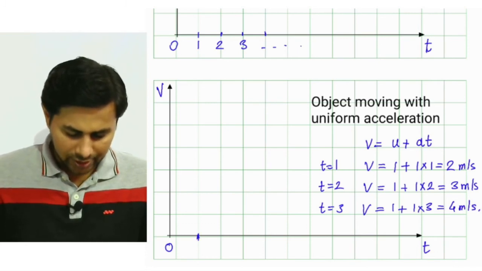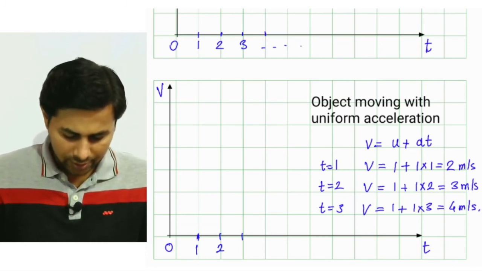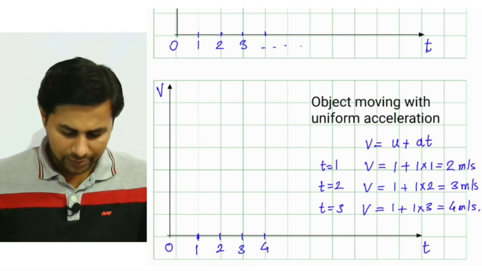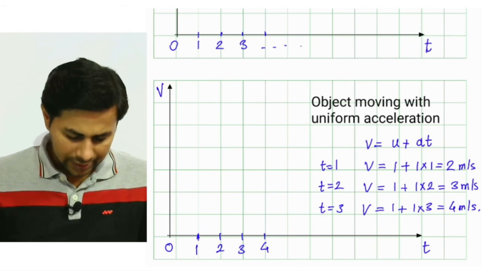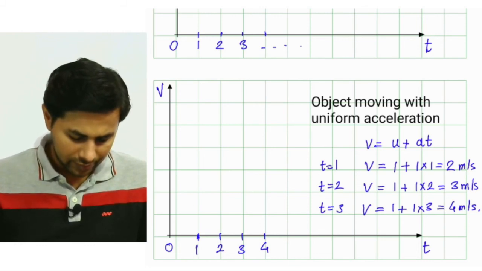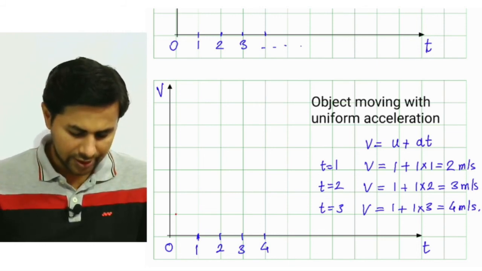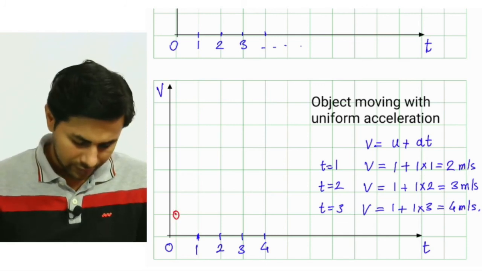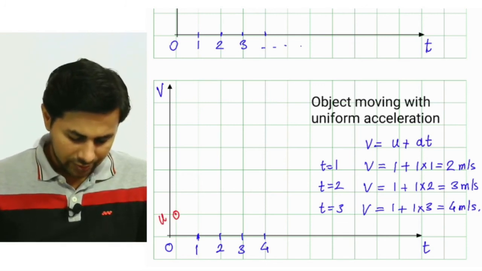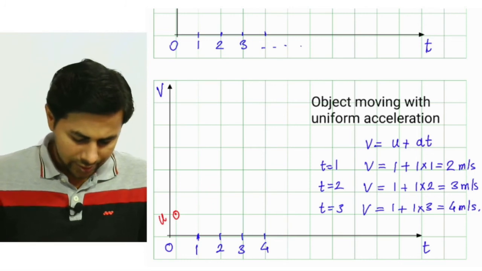So suppose this is 1, 2, 3, 4, and at t equals to 0, let's mark it here actually. At t equals to 1, so this is 1.